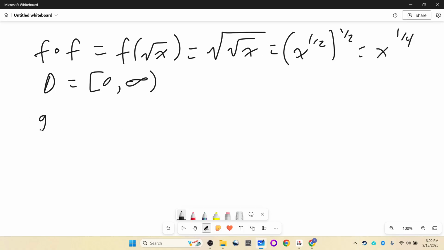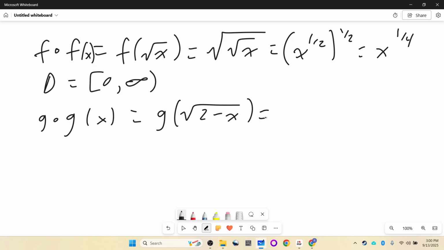We can also compose g with itself. I should say g of g of x, although if you leave that off, most people won't care because they can tell what you mean. The only problem would be if there's more than one variable. So g of g of x would be g of square root of 2 minus x, which would be the square root of 2 minus the square root of 2 minus x.